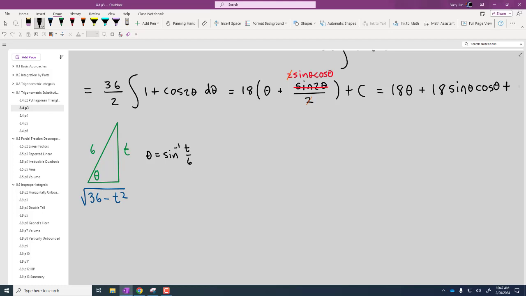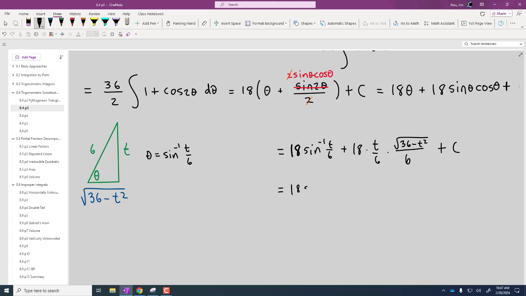All right, so let's substitute. So we get 18 inverse sine of t over 6 plus 18 sine theta cosine theta. So sine of theta is t over 6. Cosine theta is adjacent over hypotenuse, so that's going to be root 36 minus t squared divided by 6, plus C. And all we can do is simplify this a tiny bit.